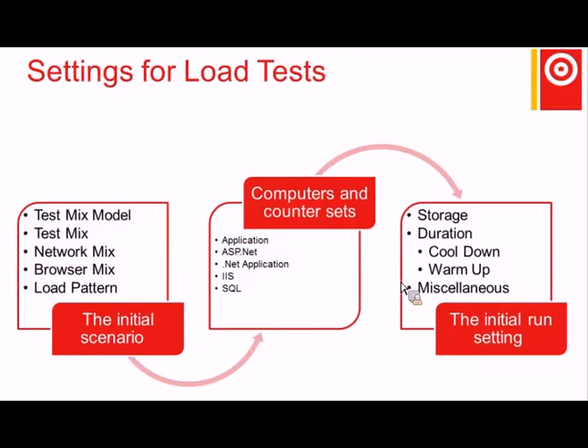What we can also set is our initial run settings. What our initial run settings basically allow us to specify is what kind of storage we're going to be running. So we can specify whether we're going to store our results or not. We could just take the runtime snapshot for our load test results, in which case it won't go into the SQL repository at all.